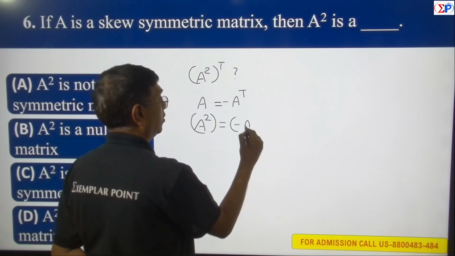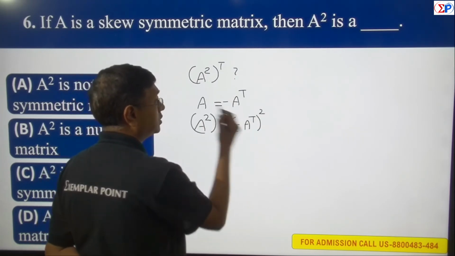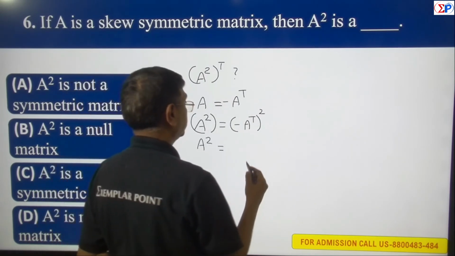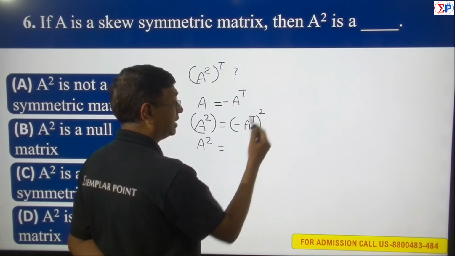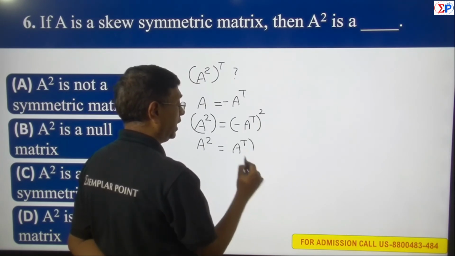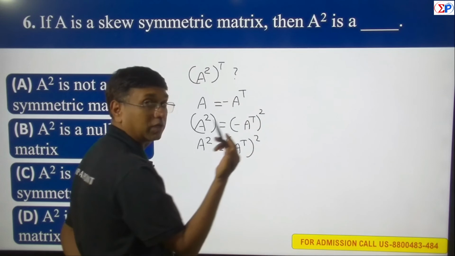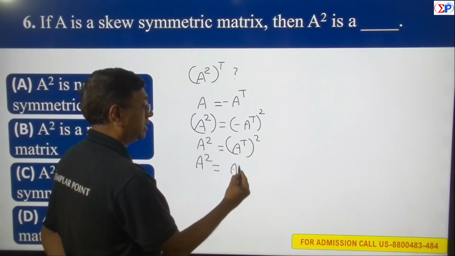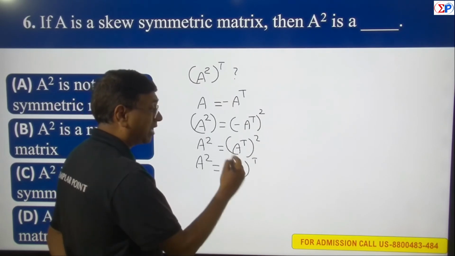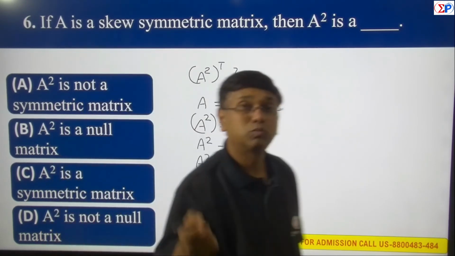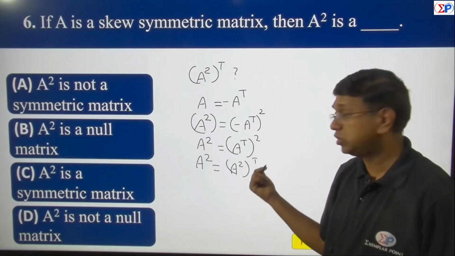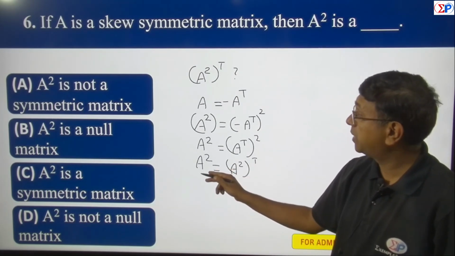इसका स्क्वायर will be equal to this, दोनों को स्क्वायर कर दें तो A square is equal to A transpose का स्क्वायर, क्योंकि माइनस 1 का स्क्वायर 1 होता है. नाउ A स्क्वायर मैट्रिक्स में प्रॉपर्टी है, अगर आपको ट्रांसपोज का स्क्वायर करना है तो दैट इज सेम एज पहले आप उसका स्क्वायर कर लो फिर ट्रांसपोज, तो A स्क्वायर किसके बराबर आ रहा है?